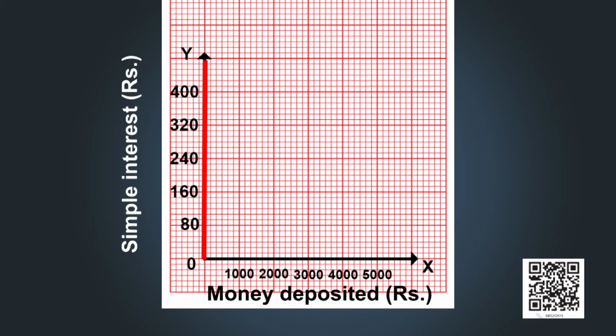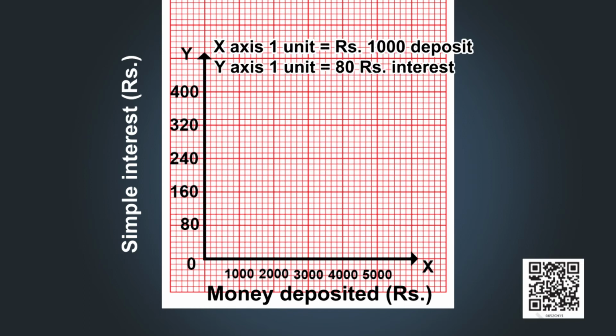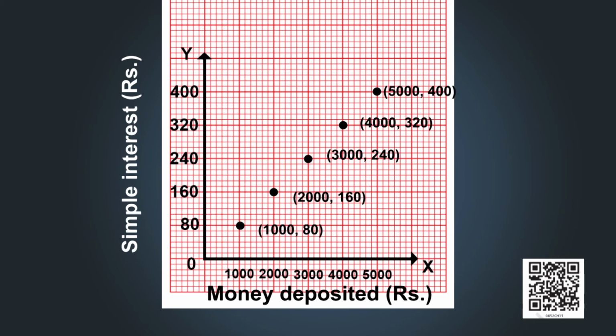Take the scale as 1 unit equal to 1000 rupees of deposit on the x-axis and 1 unit equal to 80 rupees of interest on the y-axis. Plot the points (1000, 80), (2000, 160), (3000, 240), (4000, 320), (5000, 400). Join all the 5 points to get a linear graph.